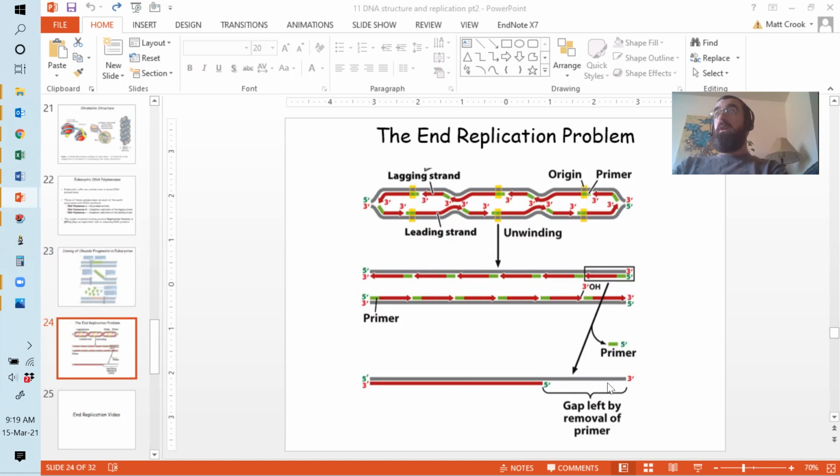Or if it goes far enough, even worse, it starts removing the start codon of that gene. That gene will never get synthesized, it'll never get turned into a protein, which is really, really serious. So this is called essentially the end replication problem.